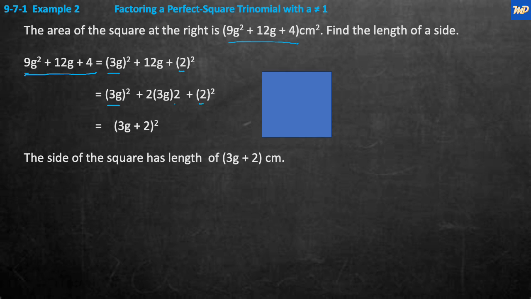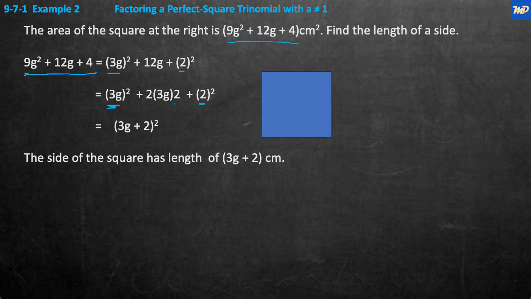So now we have 3g squared plus 2 times 3g times 2 plus 2 squared. That means that this is a perfect square trinomial. We can now write this as the quantity 3g, which we get from the a term, plus the 2, which we get from the b term, and then we square the whole thing. And that's how it becomes a perfect square trinomial.